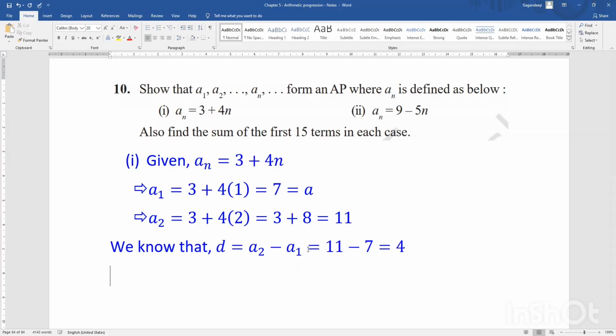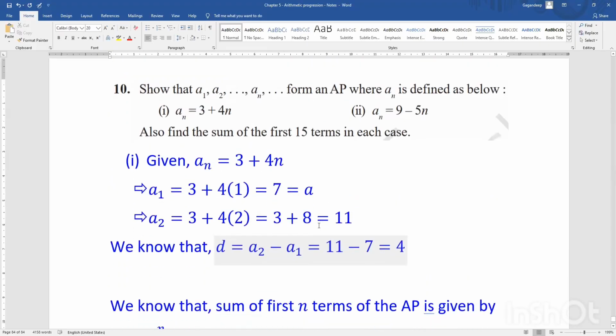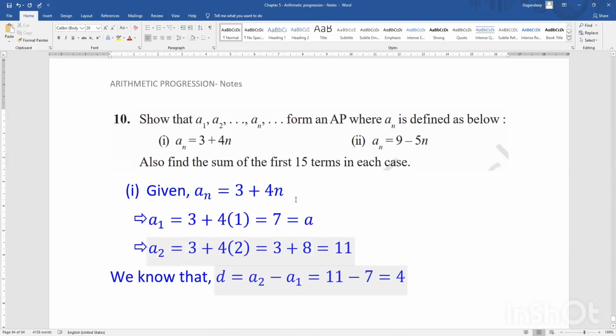Then we know that sum of first n terms of the AP is given by Sn is equal to n by 2 into 2a plus n minus 1 into d. Now I am going to find out S15, because they asked you to find sum of first 15 terms.